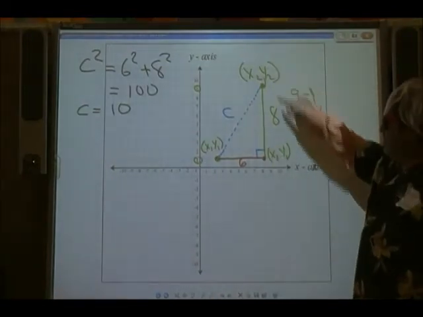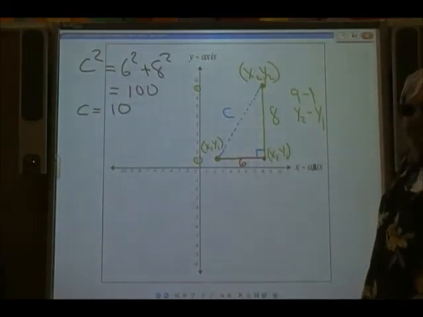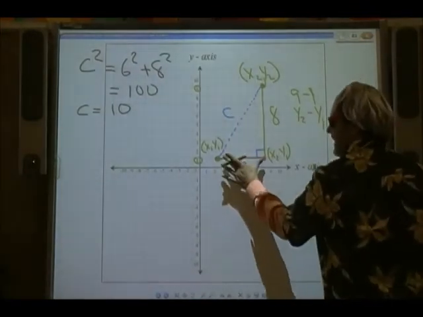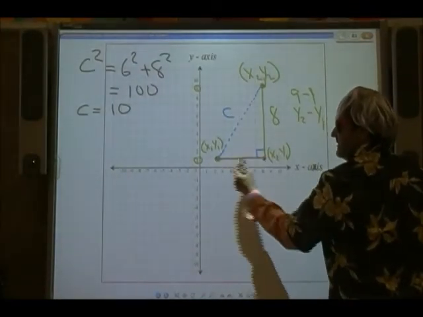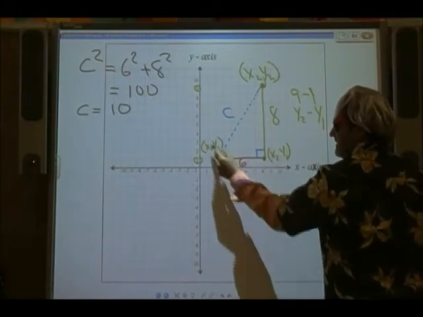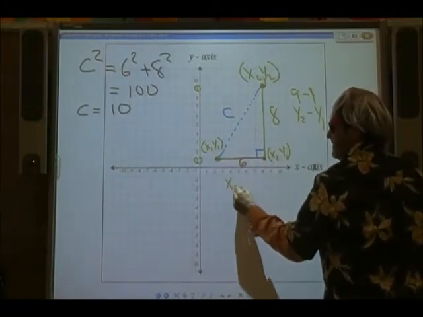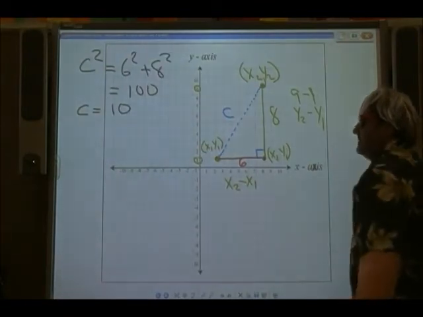So I'm really just subtracting these y's. To get this 6, I'm really just subtracting these x's. So this is really x2 minus x1.